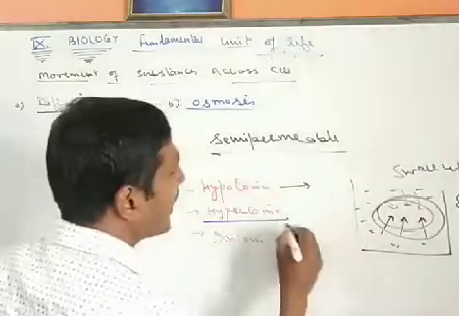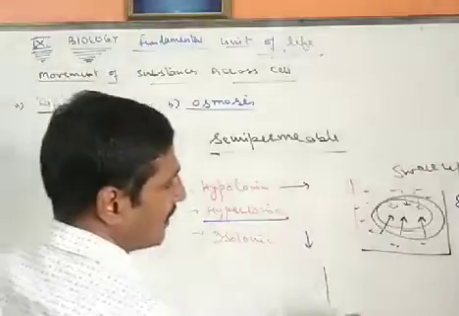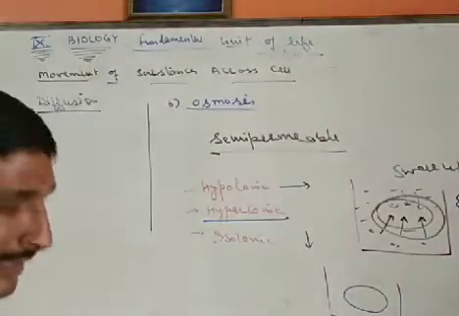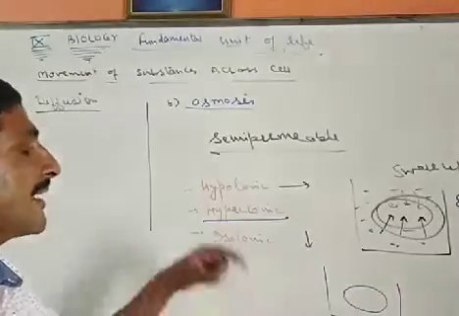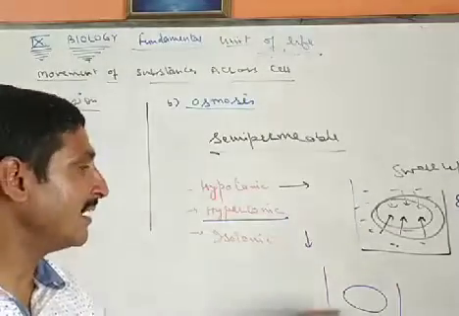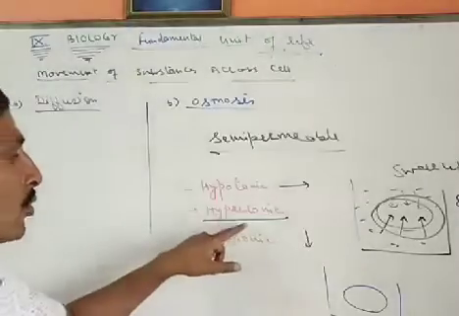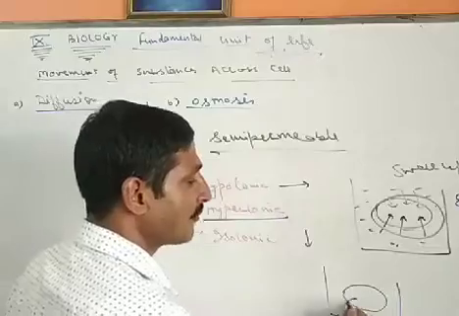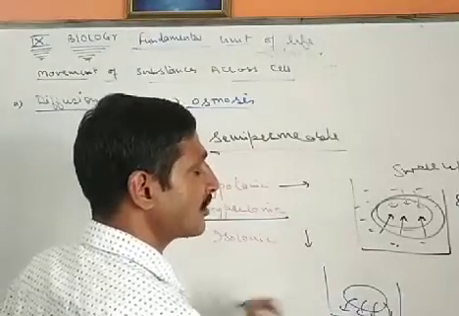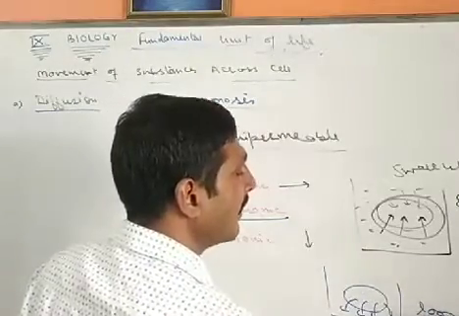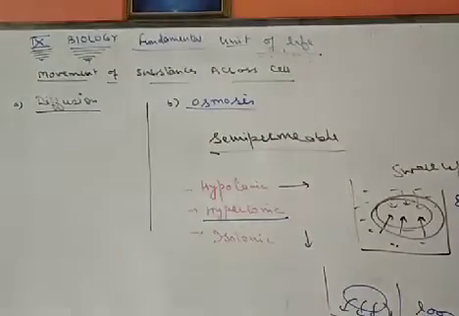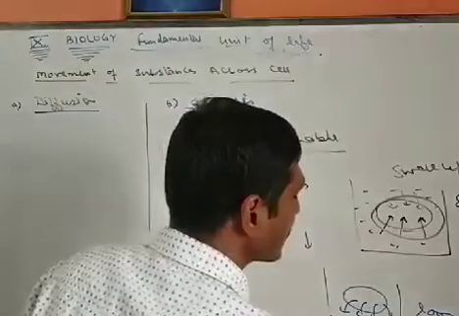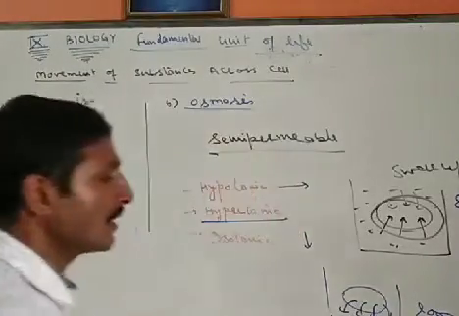Then we come to hyper. Hyper means more. A solution whose concentration is more than the given solution, or we can say in terms of a cell, a solution whose concentration is more than the concentration of the given cell, such that if a cell is kept in a hypertonic solution, it loses water and water comes out of the cell, as a result of which the cell shrinks.